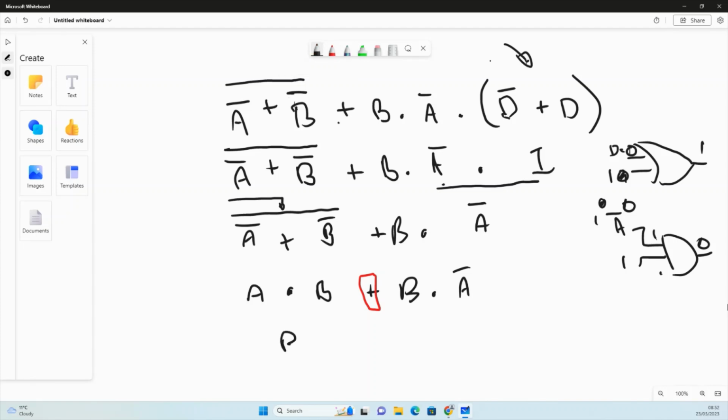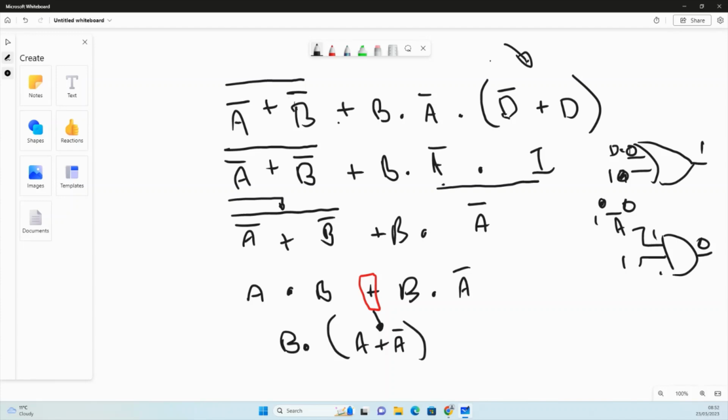So I could say B and what I'm left with here is A or not A. So we've taken that and put it in there, and we've used B as a common term.